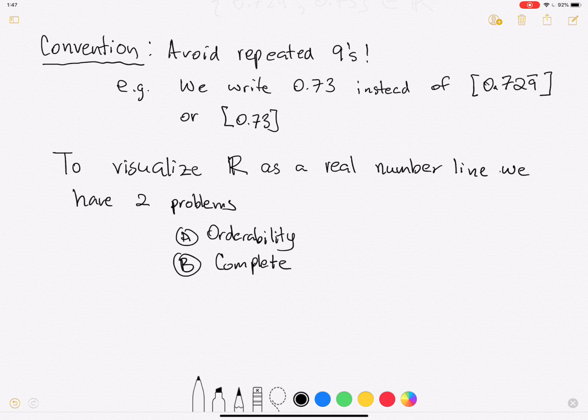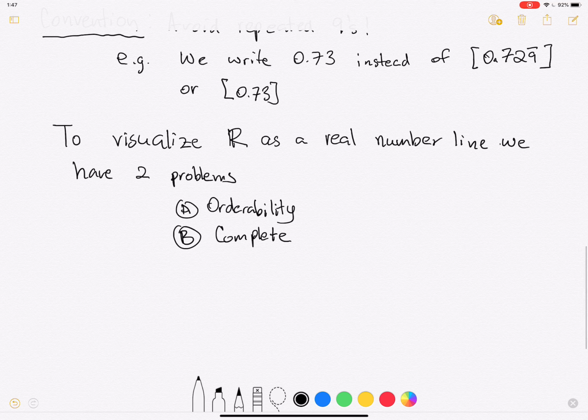We've been using real numbers for a while, and now we're going to show that this construction has the properties we're used to: orderability and completeness.